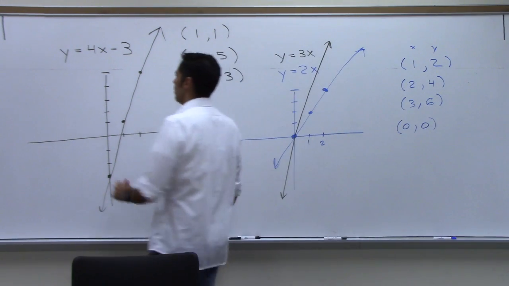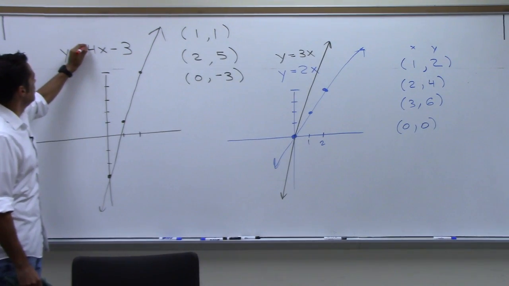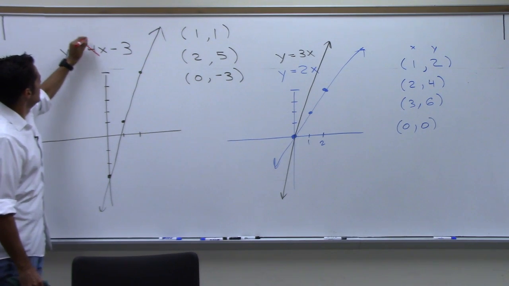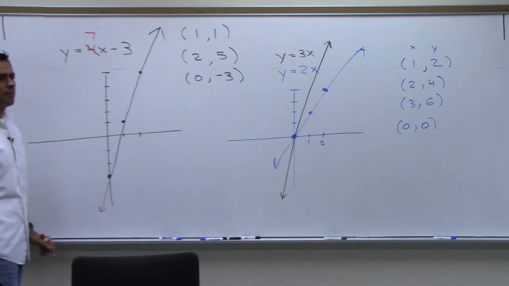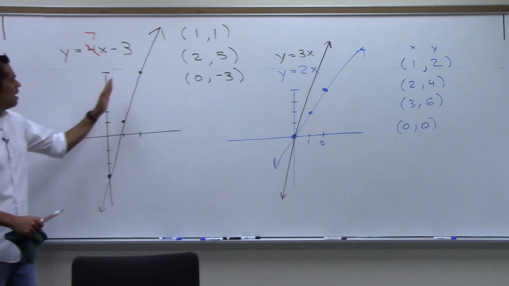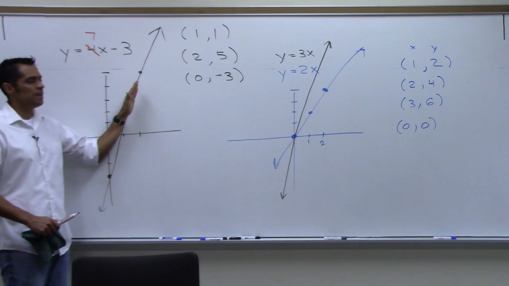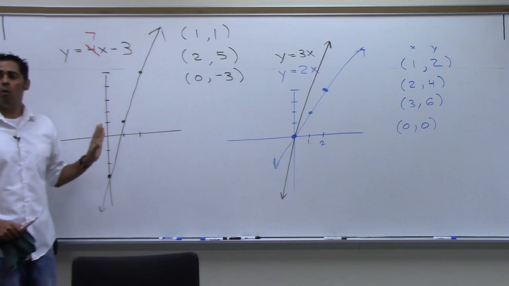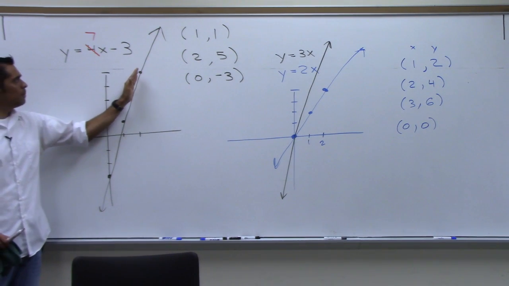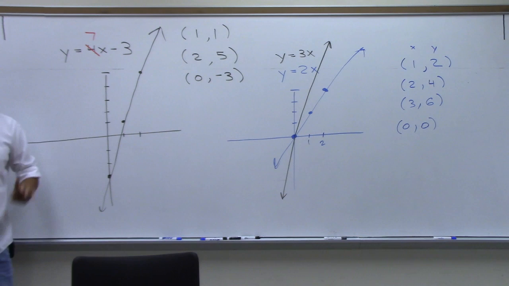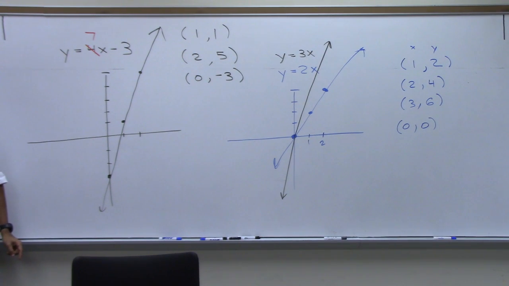What would happen if I change this number to a 7? Would the line become steeper or flatten out? It should become steeper. What point, though, on this, what point would stay the same? 0, -3, right?